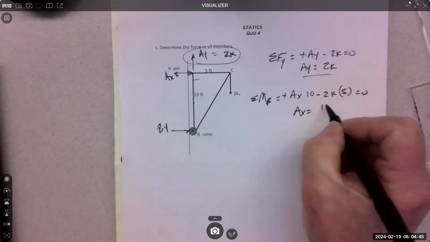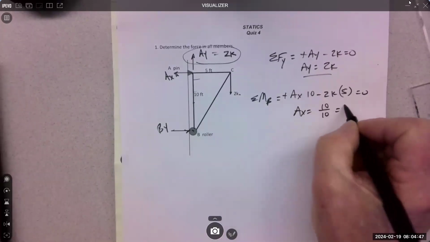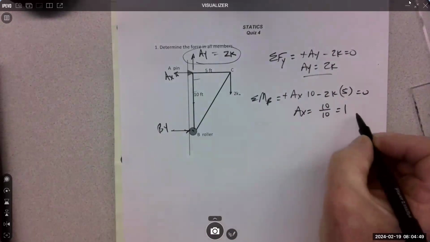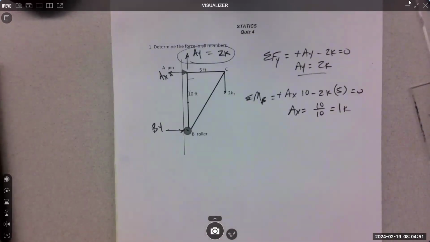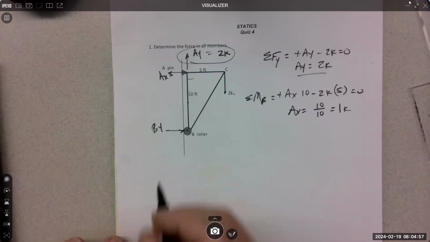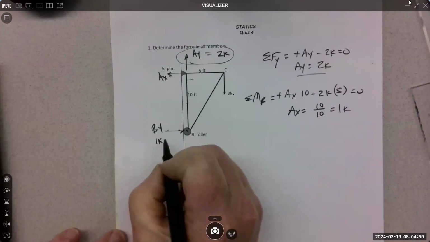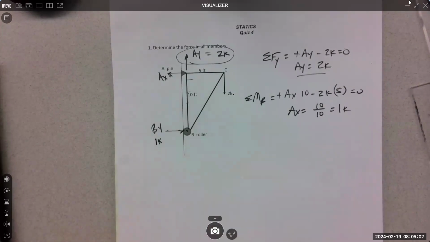AX equals 10 divided by 10, which equals 1. So AY 2K, AX 1K, that makes BY 1K. So now we have all the reactions solved out. That you have to do first before you get the members. Then you can do joint analysis.